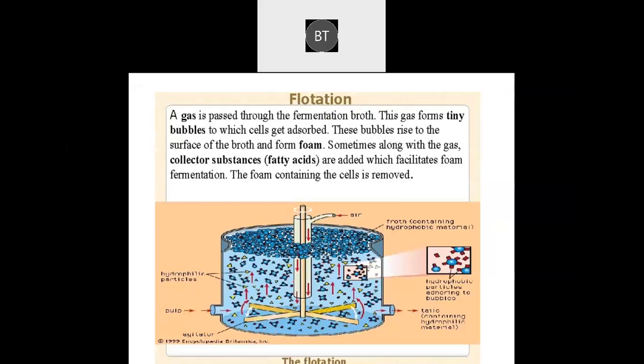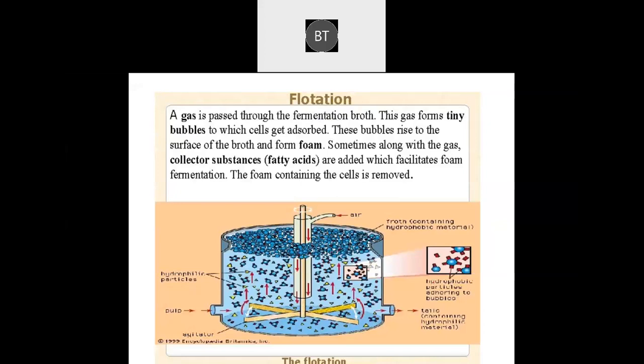The important thing here is to look at this diagram. Here you have the inlet air, where we can pass the gas. As I have mentioned, the gas is being passed, and the gas forms tiny gas bubbles onto which the microbial cells get attached.